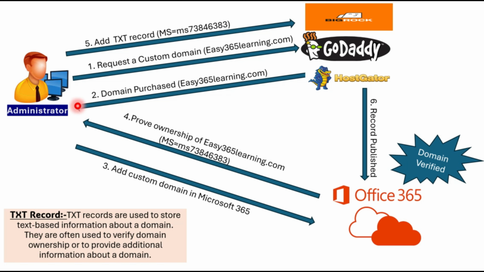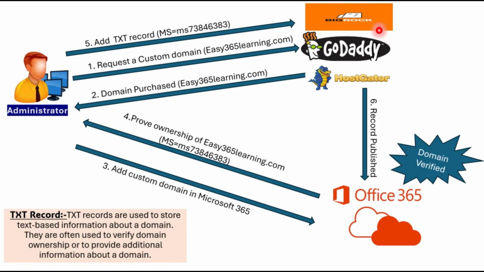Once the domain is purchased by the administrator from a DNS host, he will add this custom domain in Microsoft 365. And while adding this domain to Office 365, Office 365 will ask the administrator to verify the domain ownership. It will provide the administrator with a TXT record, something similar to this, and will ask the administrator to add that particular record there in the DNS registrar.